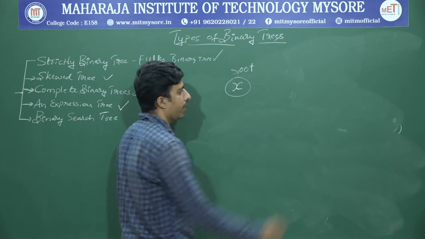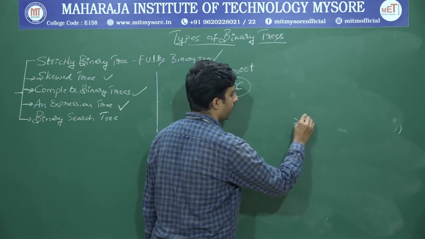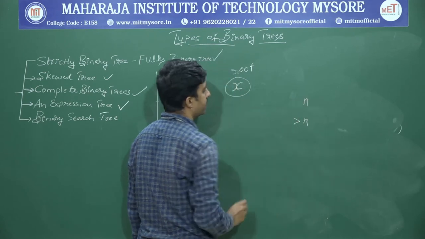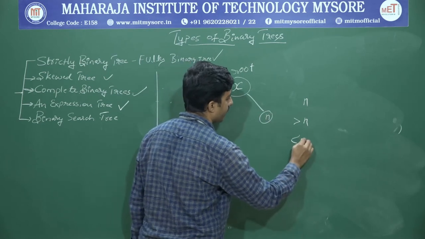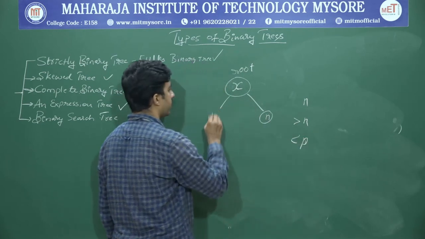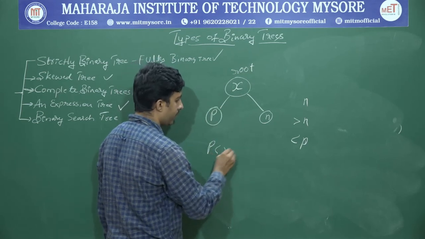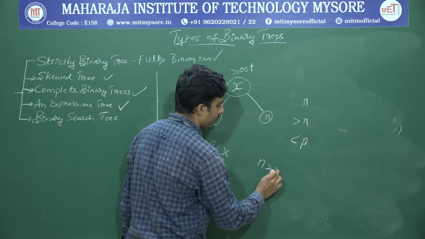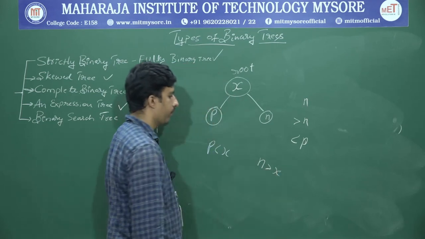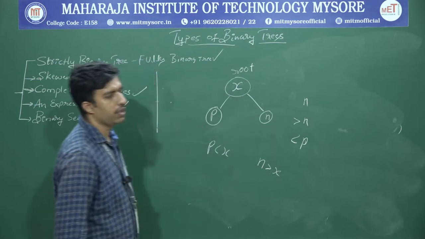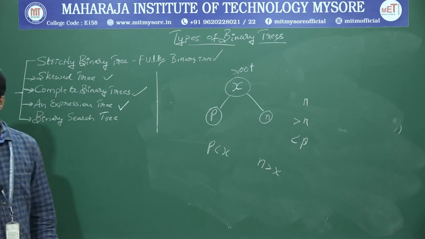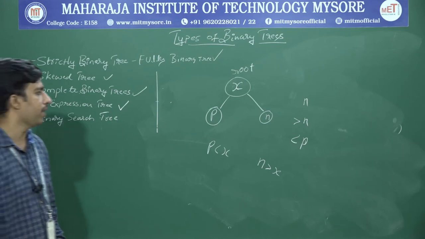Take any element, assume that it is n. If n is greater than x, it goes towards the right. An element which is less than x goes towards the left, say p. So p should be less than x and n should be greater than x. In a binary search tree, for each node x, the elements in the left subtree are less than the info of x and the elements in the right subtree are greater than the info of x.